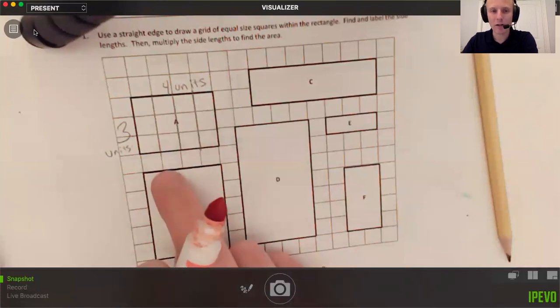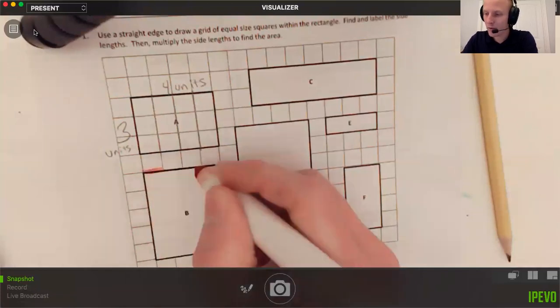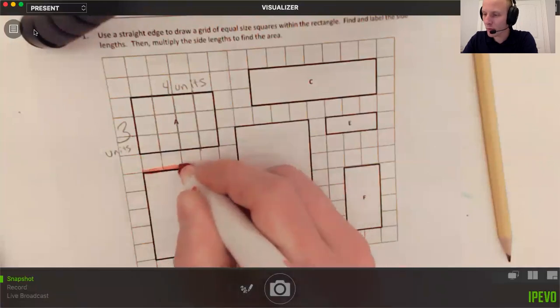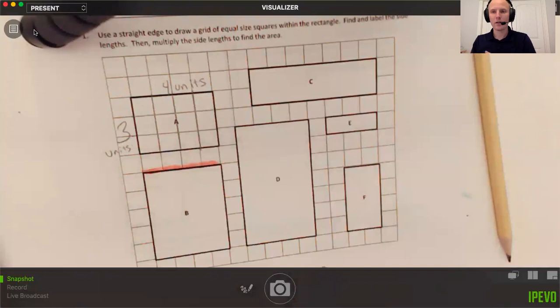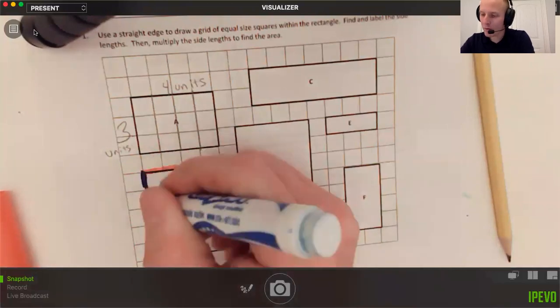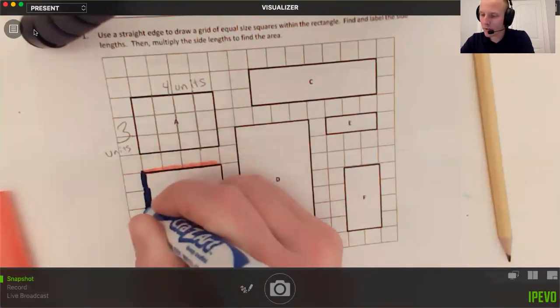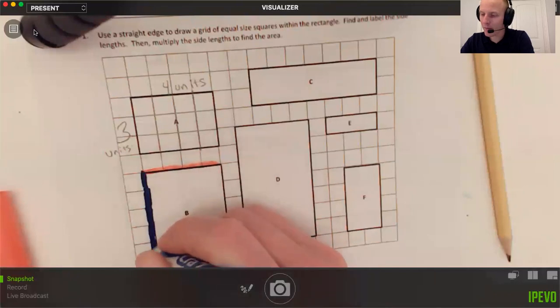Even though there's nothing inside this rectangle, look up top. Here's 1, 2, 3, 4. There are 4 units right there. And then if we look at the left side here, there are 1, 2, 3, 4, 5.